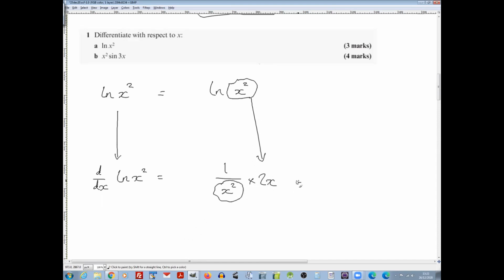Let's simplify. 2x over x squared. Yes. Simplifying to? I don't know how you'd simplify that.